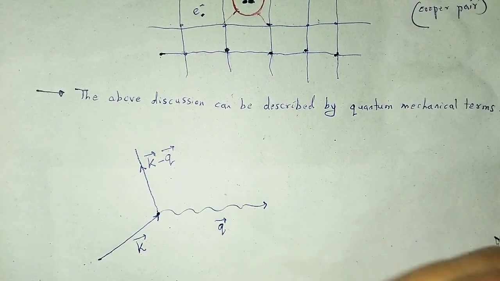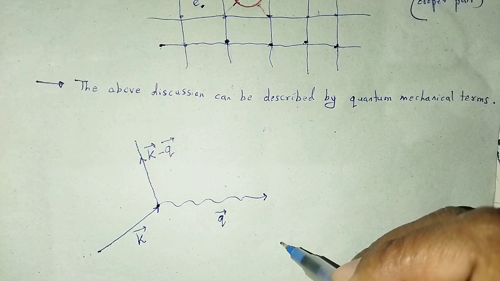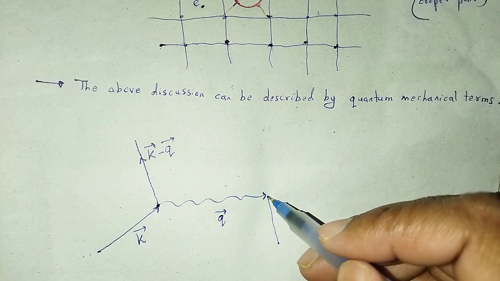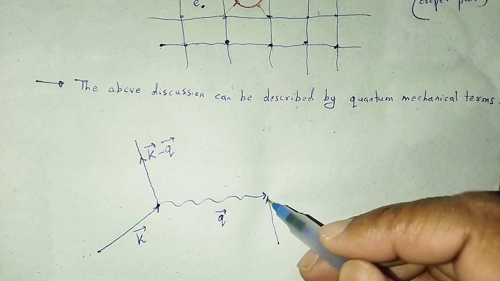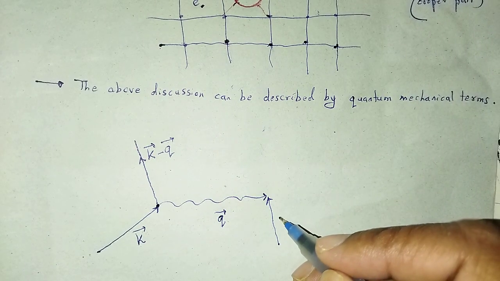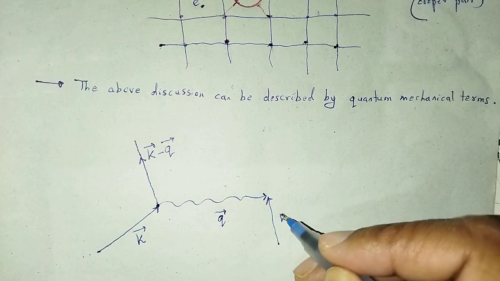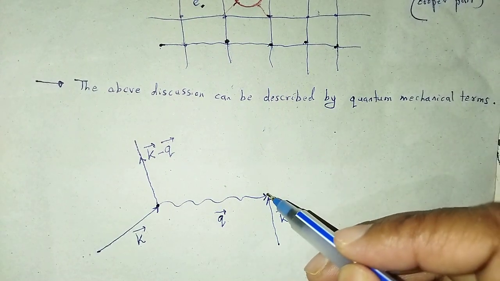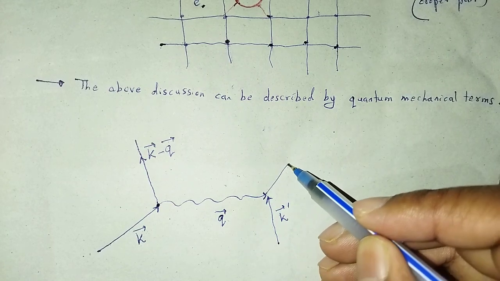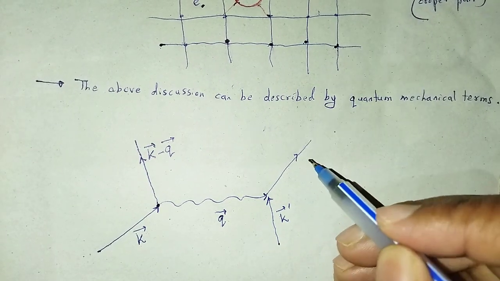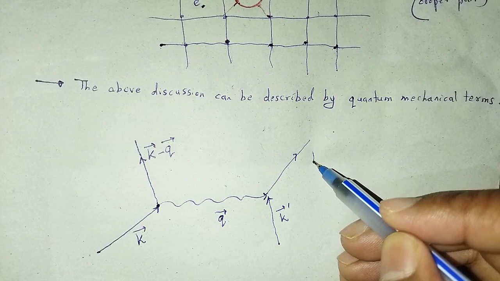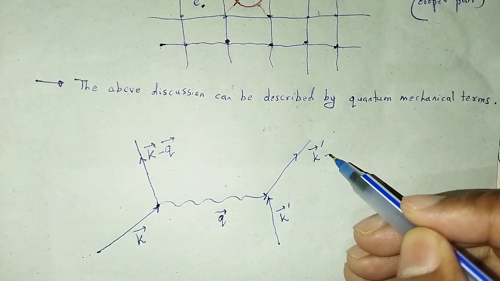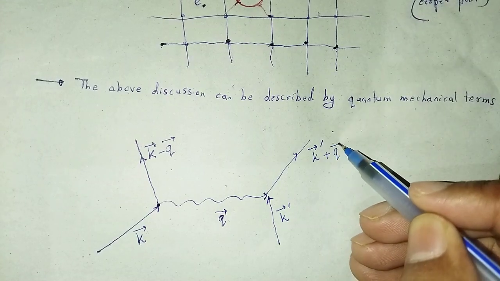Again, another electron interacts with that phonon, let its wave vector be k dash. Therefore the scattered electron has the wave vector k dash plus q.